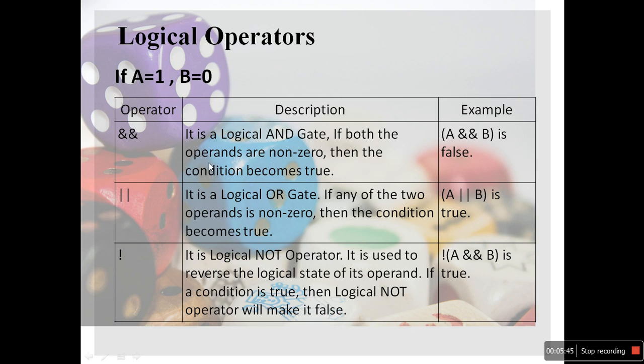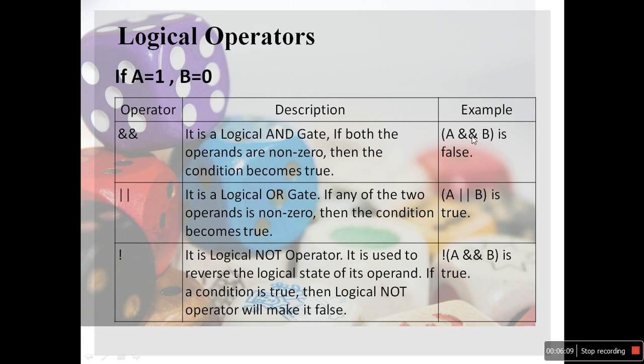What are operands? In the expression A double AND B, A and B are operands and double AND is the operator. Clear?